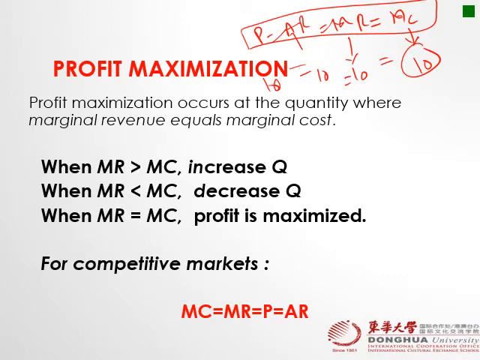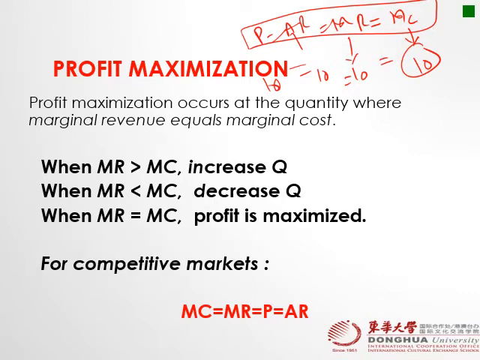But the profit maximizing condition for a competitive firm is that marginal revenue is equal to price equal to AR, and also adding MC. So for profit maximizing, we know that price is equal to AR is equal to MR, and for profit maximum, MR must be equal to MC.